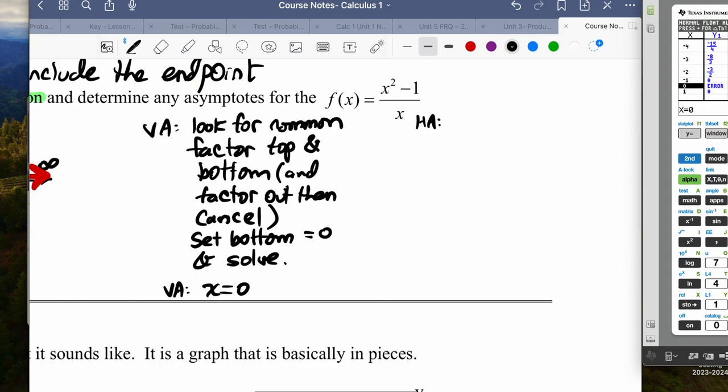And then the last is to use a limit, but that's kind of like a circular logic thing. We could use a limit, but we haven't learned about limits. So we'll do it the other 2 ways. Then we'll learn about limits, and then we'll circle back and see how we could have used limits to find horizontal asymptotes. All right. So the rules.